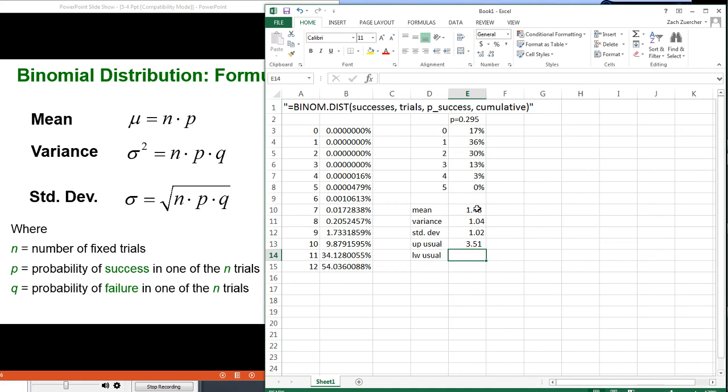Okay, so 1.48 plus 2.04. There's some rounding error in there.